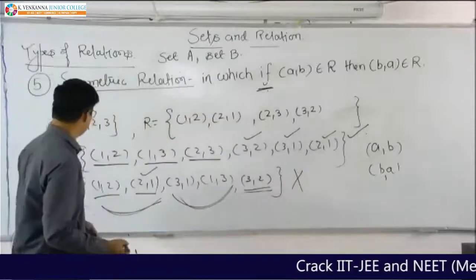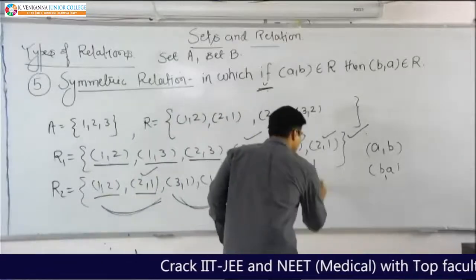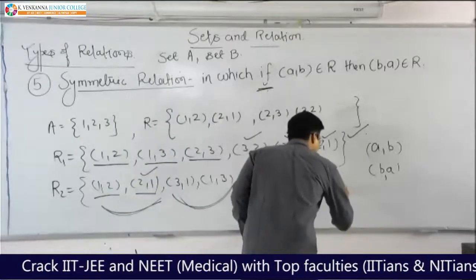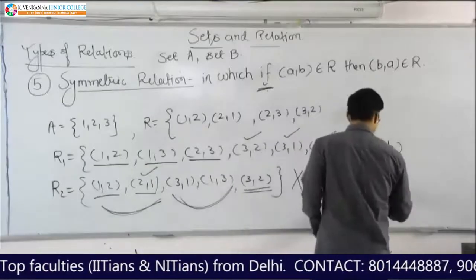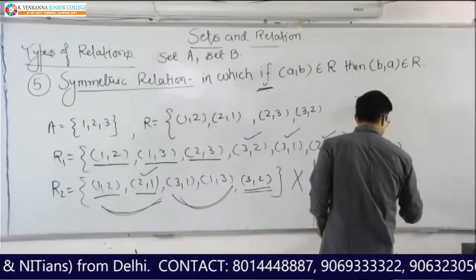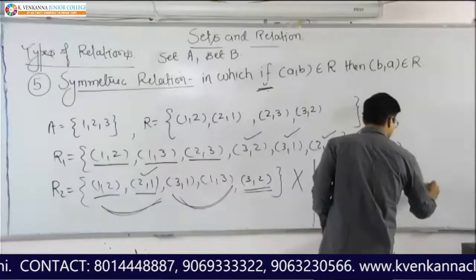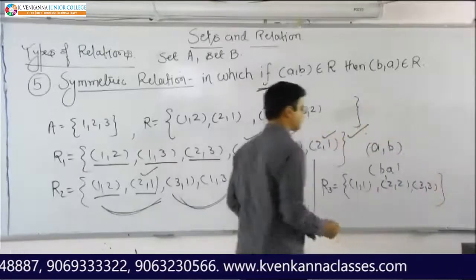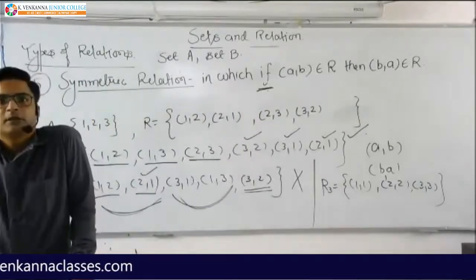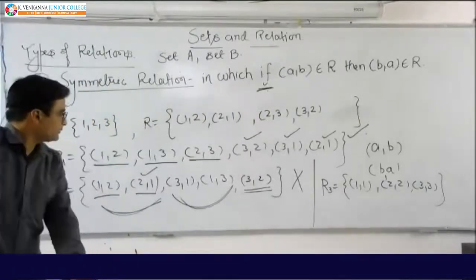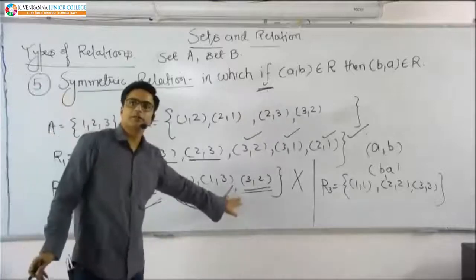Now, if I give you one more example, a very straightforward example. Quickly, is it a symmetric relation? Yes, Chatuteja, 2 comma 3 is not represented, so that's why it is not a symmetric relation.